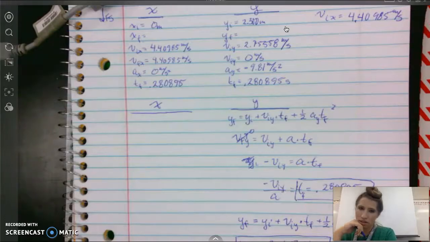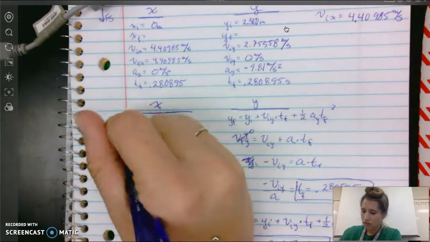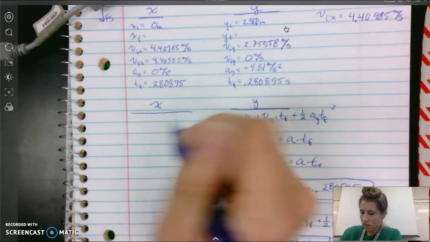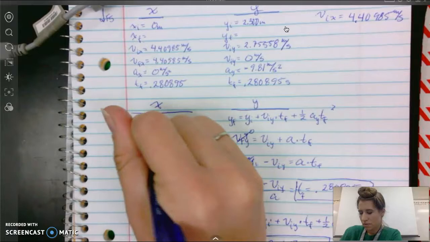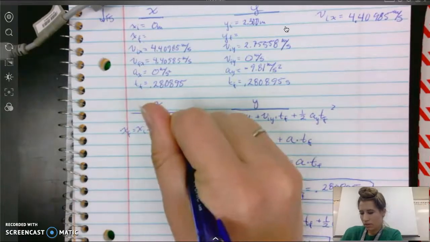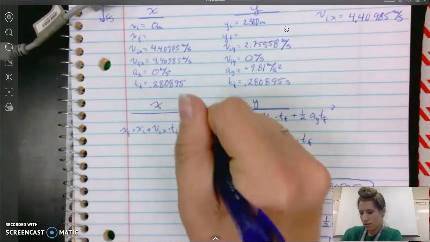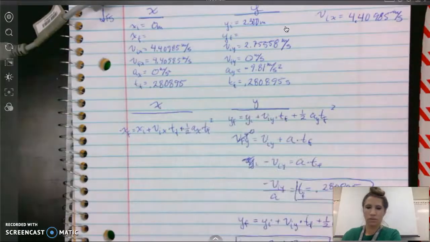The third equation down is usually the easiest to work with, so I'm going to choose that one. So I have x final equals x initial plus velocity initial in the x times t final plus 1/2 acceleration in the x t final squared.